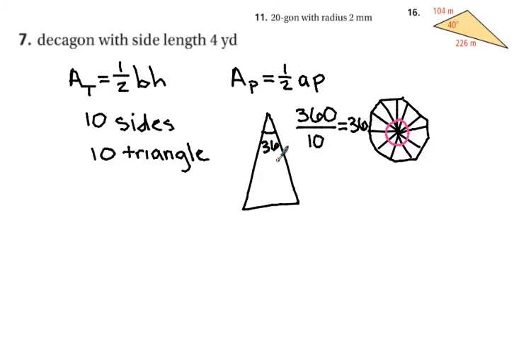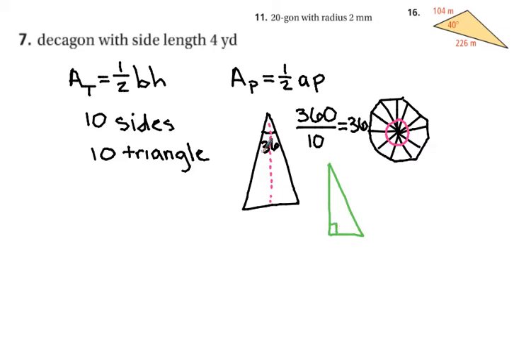Okay? Well, to find the area of this triangle, I need to know what this height is. And so to find the height, what I want to do is split this into a right triangle. So what I'm going to do now is only look at half of this triangle, essentially. And so we're going to split this into a right triangle.